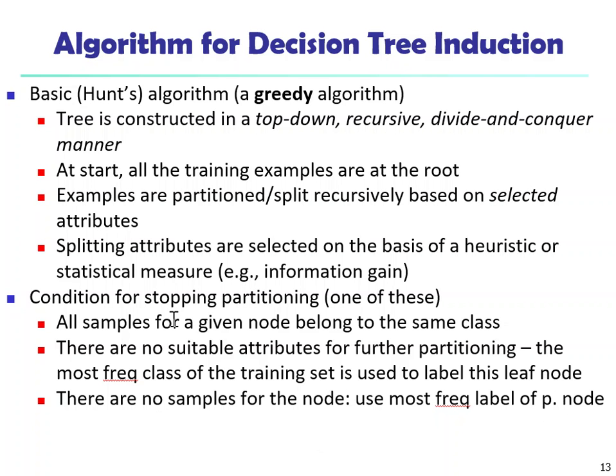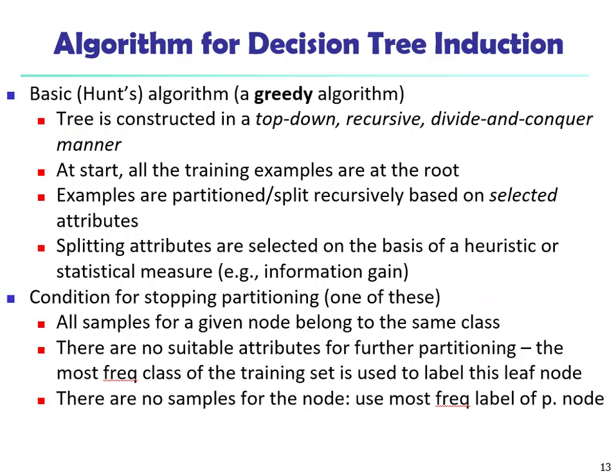So the stopping condition is one of the three: either all samples in a given node belong to the same class, or there are no suitable attributes to further divide, or there's no sample distributed to this node. And in each of the conditions, we know how to decide the class label when this decision tree is used.